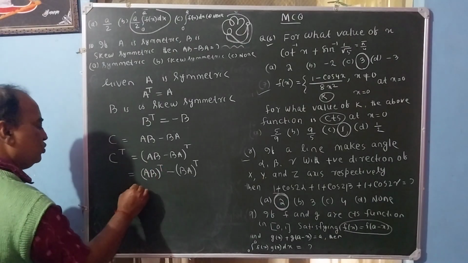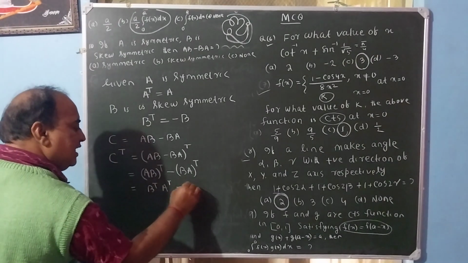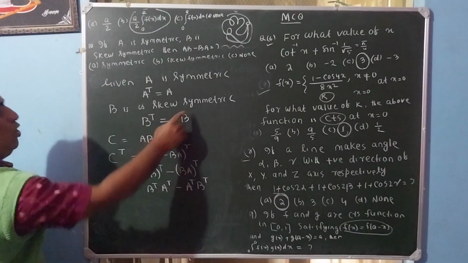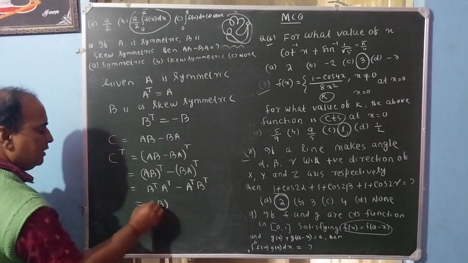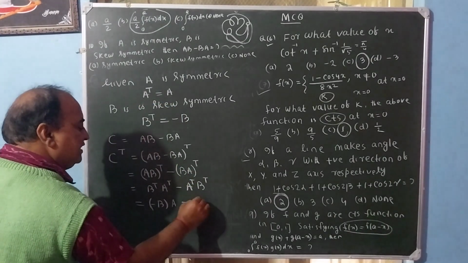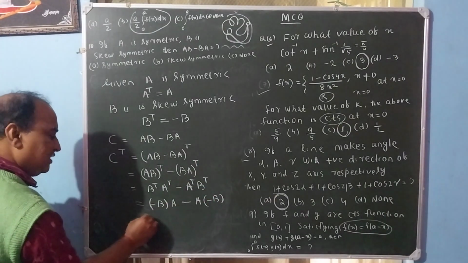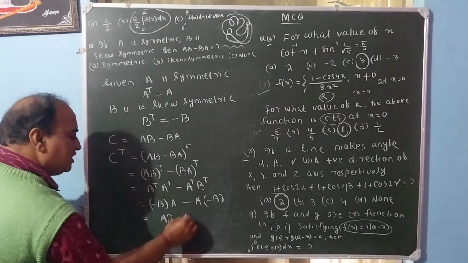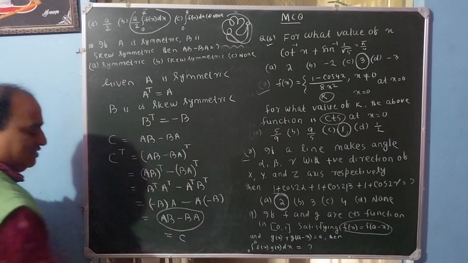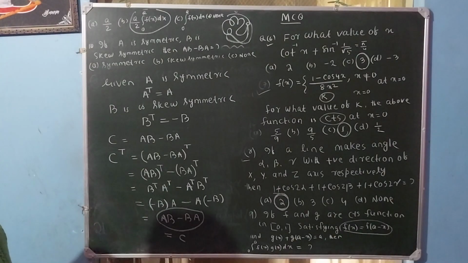So (AB) transpose is B transpose into A transpose, minus A transpose into B transpose. Given B transpose is equal to minus B, and A transpose is equal to A. So minus minus is plus, and we get AB minus BA. This is nothing but C. So C transpose is equal to C.